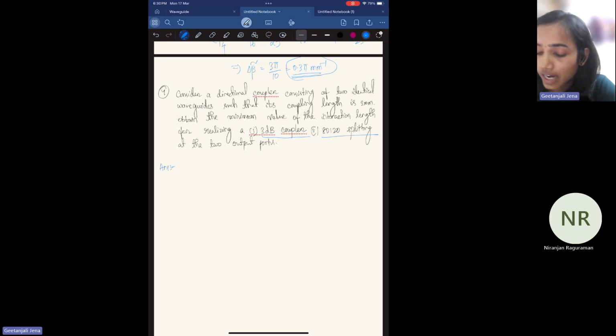If you recall, in identical waveguides the delta beta tilde is 0 because beta 1 is equal to beta 2, and the interaction terms are also equal because they are identical. So that is why we have this condition. In such a case, gamma square is equal to kappa square, so we can simply replace gamma by kappa.